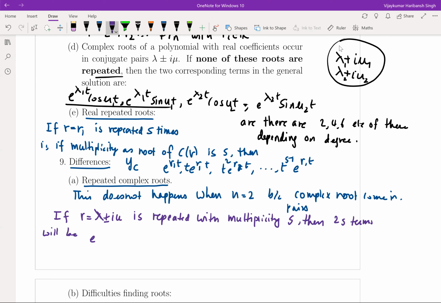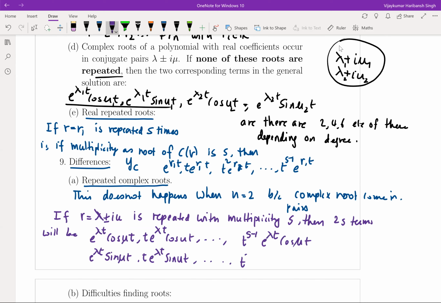Take e to the power lambda t cos mu t, e to the power lambda t sine mu t. This is for the first repetition. For the second repetition, you'll have e to the lambda t cos mu t and e to the lambda t sine mu t, multiplied by another t. Then you keep on doing this, and you'll get t to the power s minus 1 e to the power lambda t cos mu t, and t to the power s minus 1 e to the power lambda t sine of mu t.